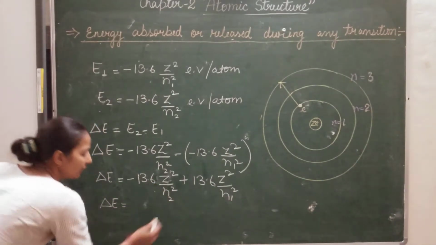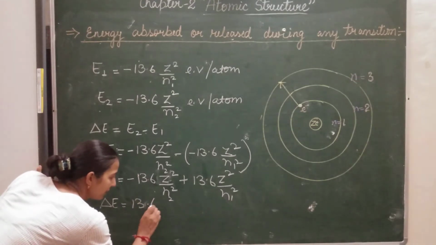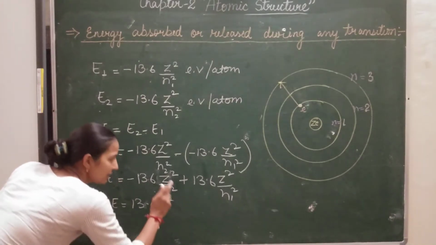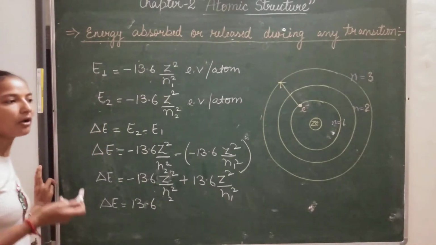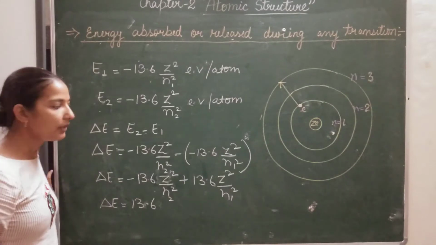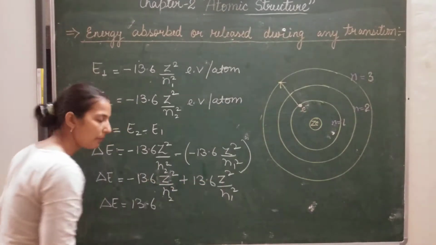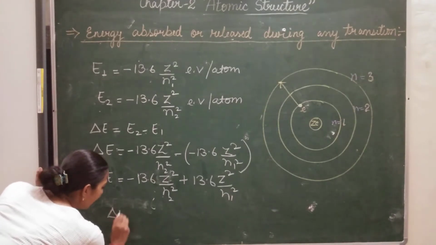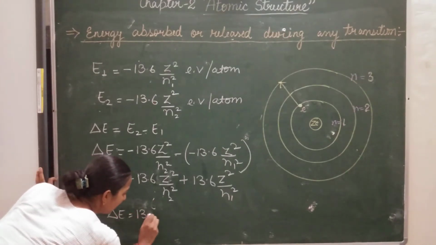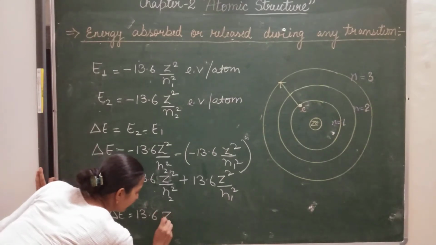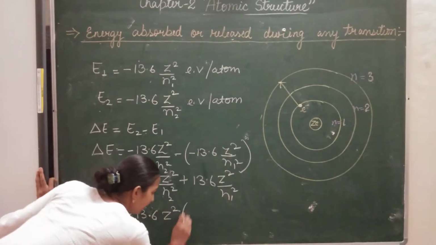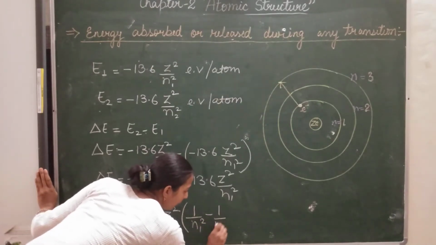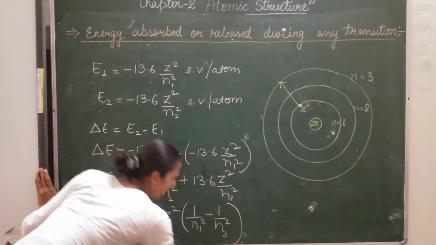Now we calculate delta E by taking this value this side and this value this side. 13.6 will be common, and Z will be the same because for a particular atom the value of atomic number remains the same. So delta E will be equal to 13.6 Z square times 1 upon N1 square minus 1 upon N2 square.